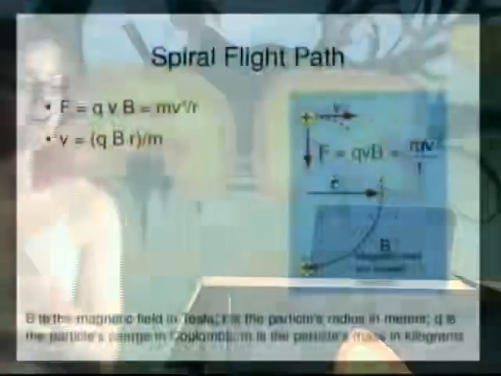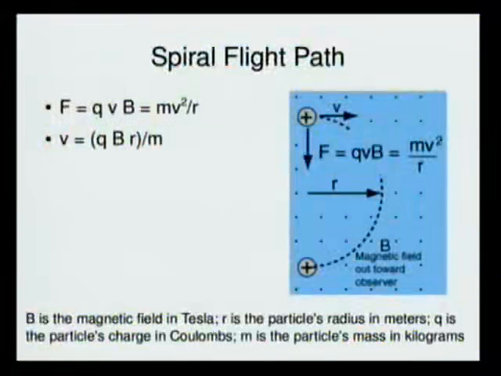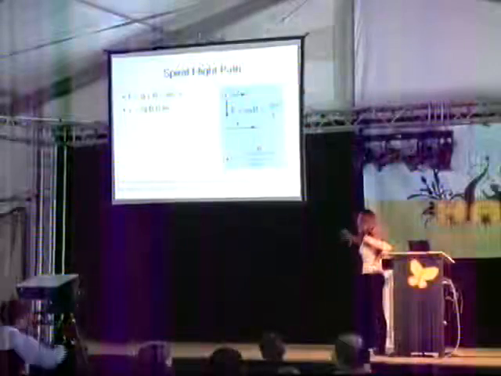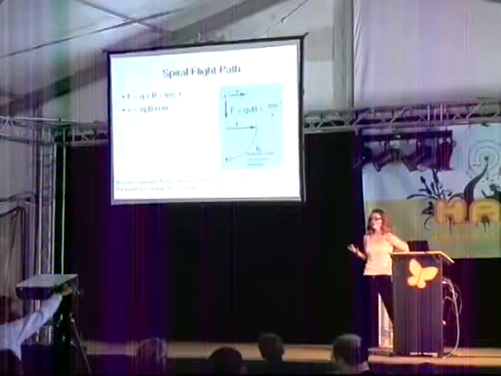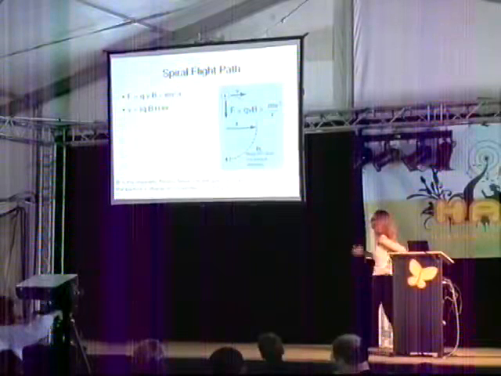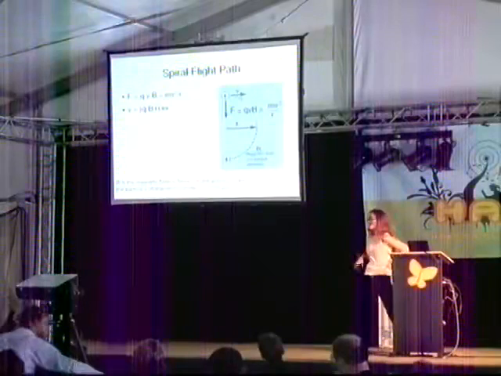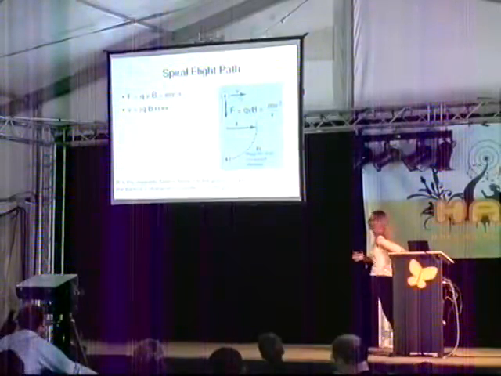Now, talking more about the spiral flight path. The force is QVB, just the scalar quantity of the force, and that's a centripetal force. The formula for centripetal force is mv squared over r, just a set thing for something that's being curved.